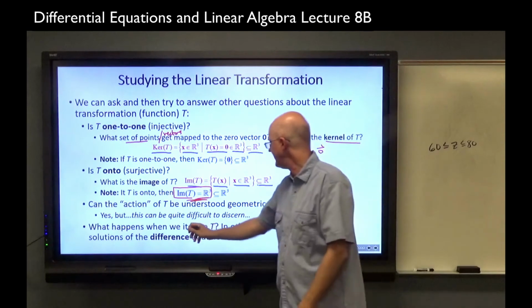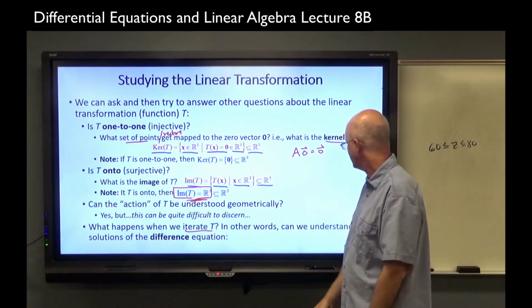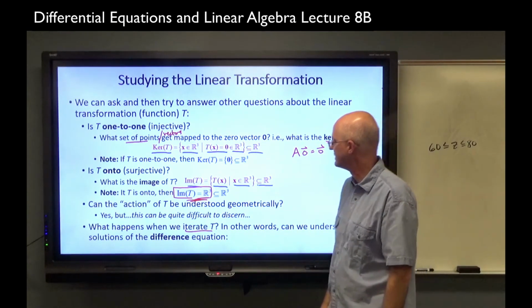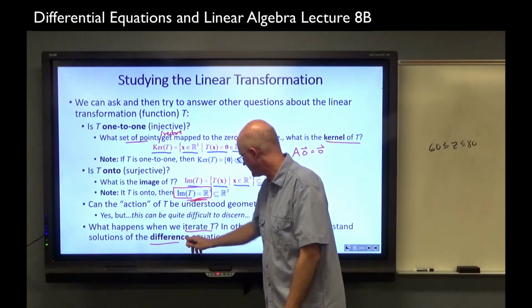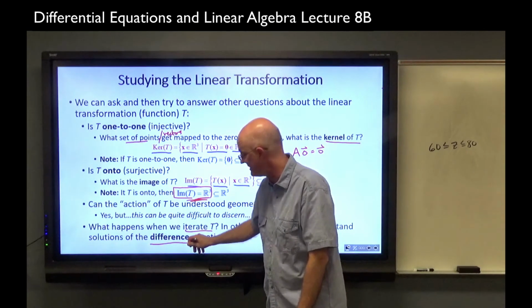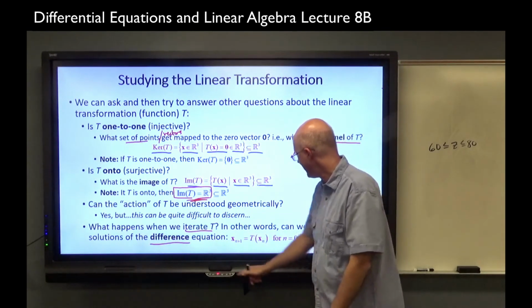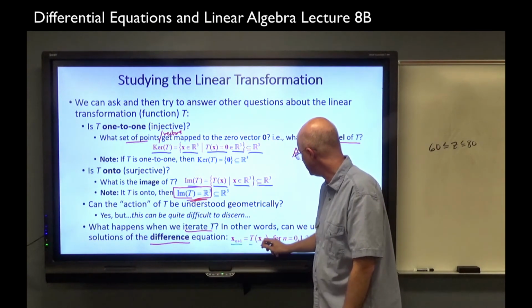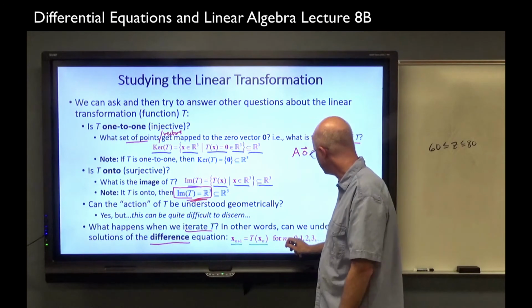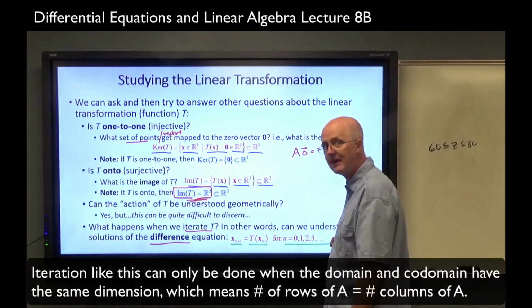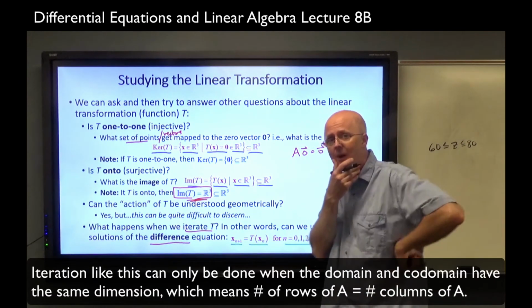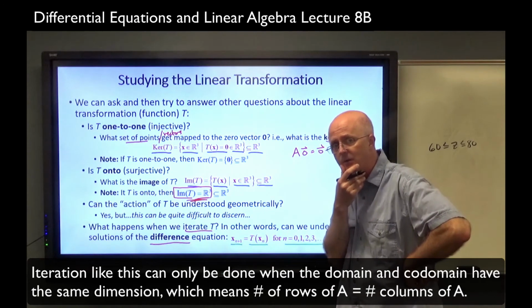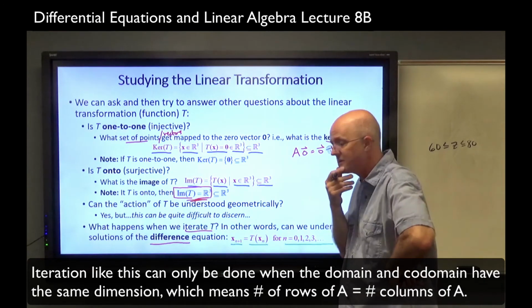What happens if we iterate T? In other words, can we understand solutions of the difference equation, not differential, x sub n plus 1, and that's a vector, equals T of x sub n, where n is 0, 1, 2, 3, etc. We haven't talked about difference equations in a while, even in the differential equations part of this course.